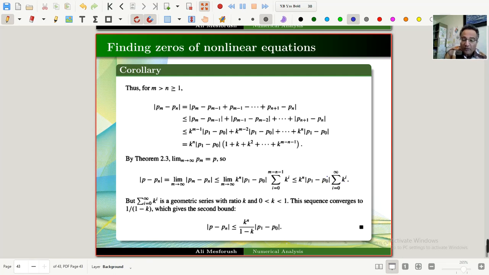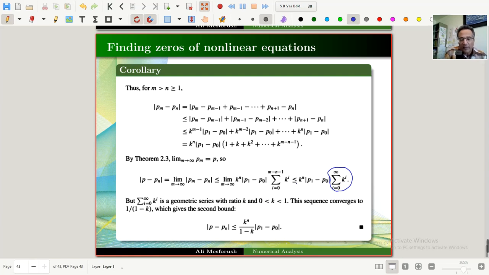But this is a geometric series with ratio k, and k is between 0 and 1. So it converges to what? To 1 over 1 minus k.